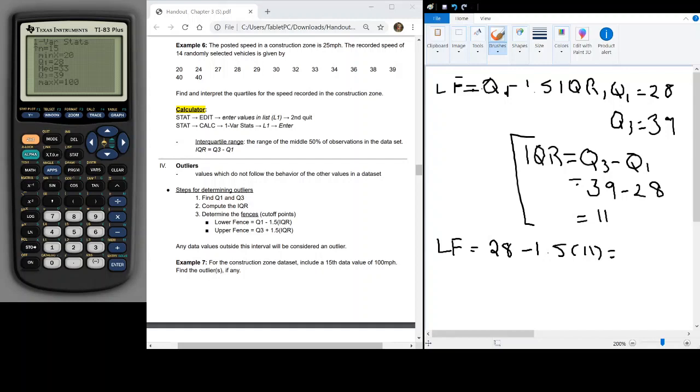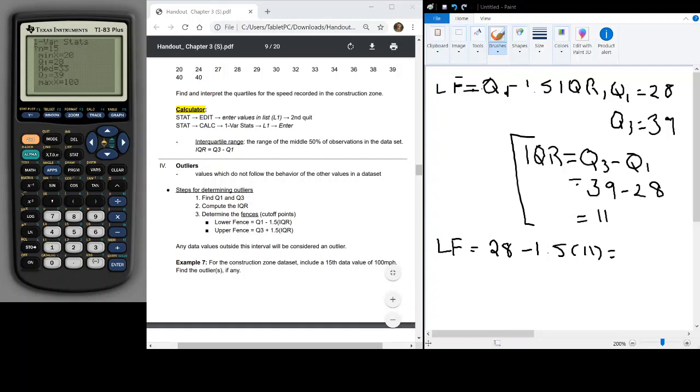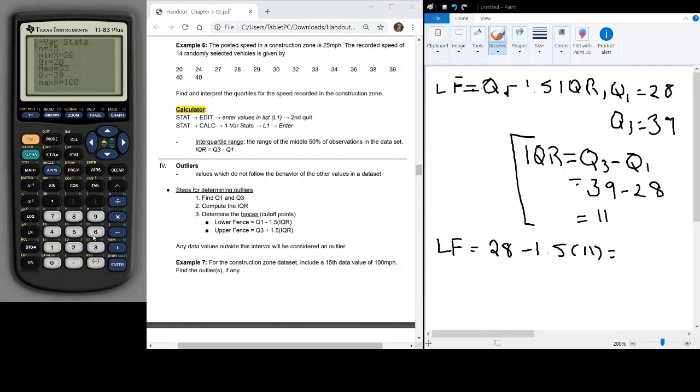Here we can use a calculator to help us. So we have 28 minus 1.5 times 11. The lower fence is going to be the smallest acceptable miles per hour that the data can observe.